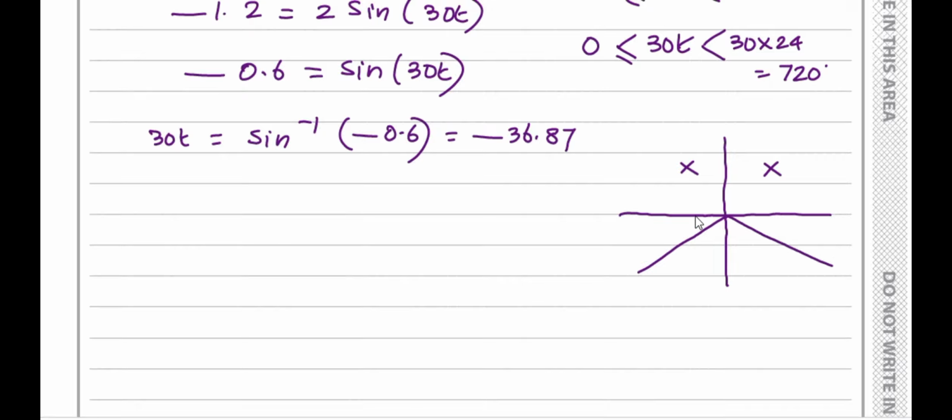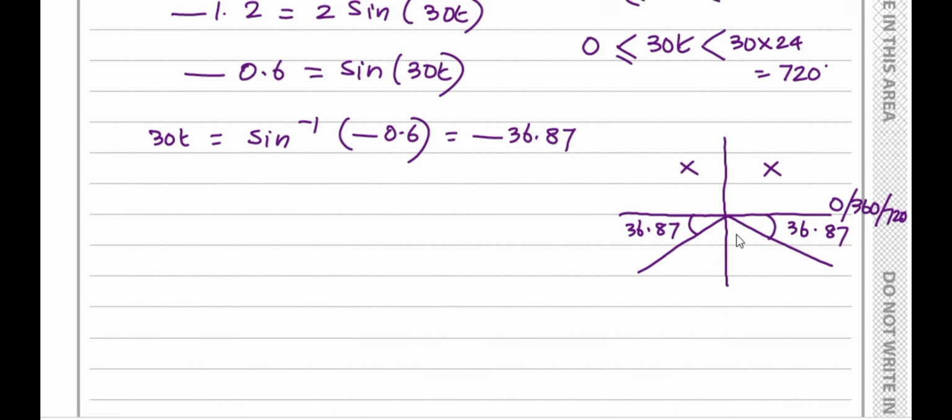And therefore, mark these 2 angles as, no need of writing minus, just write 36.87 and 36.87. Okay, so this point is 0. Then when we go one full round, it is 360, and one more full round, it's going to be 720.